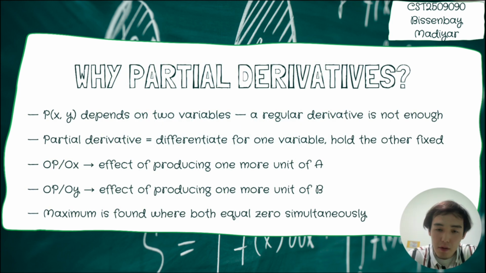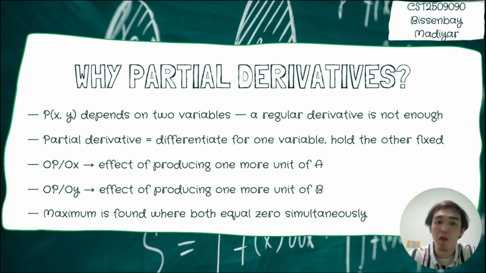A partial derivative allows us to differentiate with respect to one variable while keeping the other fixed. For example, the partial derivative of P with respect to x tells us, if we produce one more unit of product A, how does profit change?